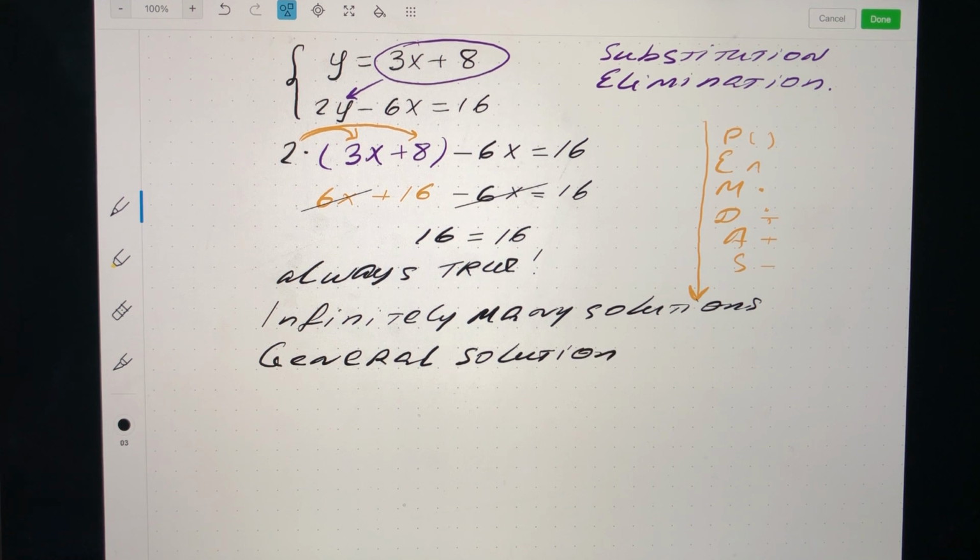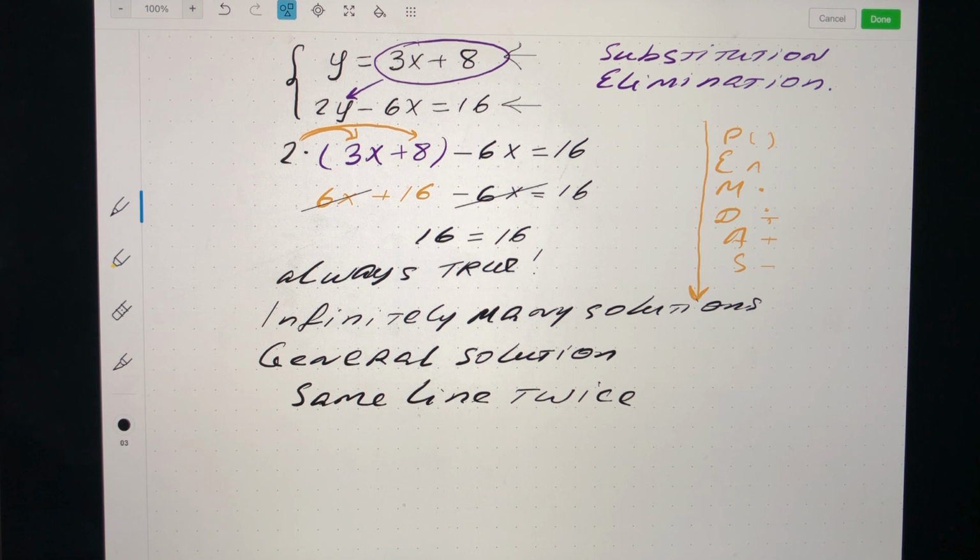That also means that we have two lines that are really the same line. So we have the same line twice, and that is why we have infinitely many solutions, because every single point that is on the first line is also on the second line, because it's the same line.